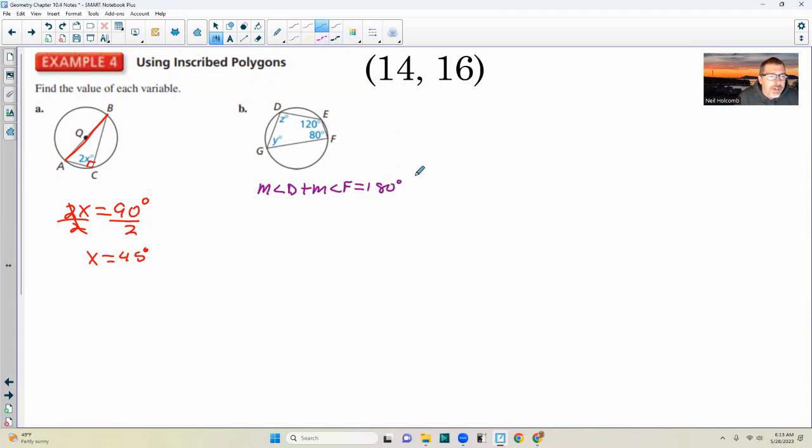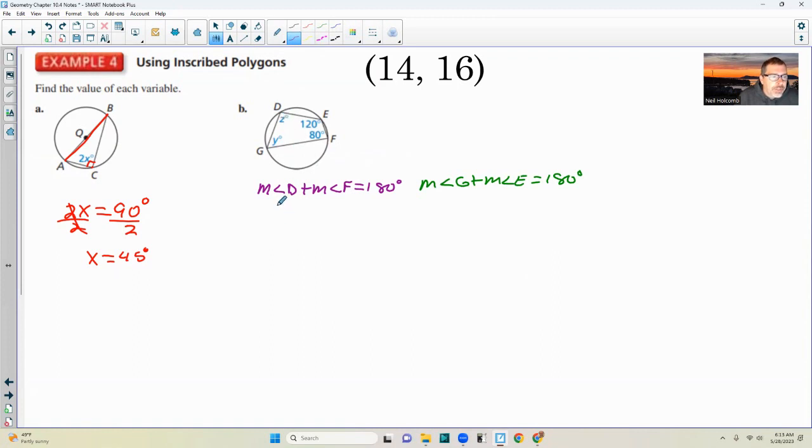I'm also going to write another one saying G and E are opposite, so the measure of angle G plus the measure of angle E equals 180 degrees. So there's our formulas. And I always say this, geometry is just a bunch of formulas and theorems that set up algebraic equations so we can solve for missing variables.